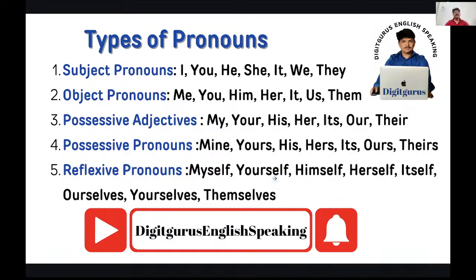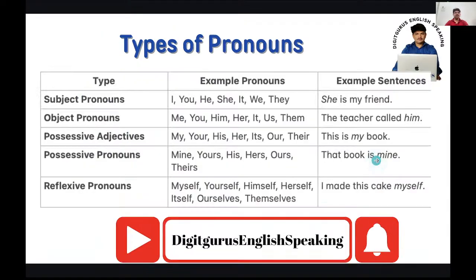Now, let us break down each type of pronoun with plenty of examples, so you can see how they can work in real life. Okay, let's move on. This is the chart I have used in my slide. You can also take a screenshot of this chart, very important.